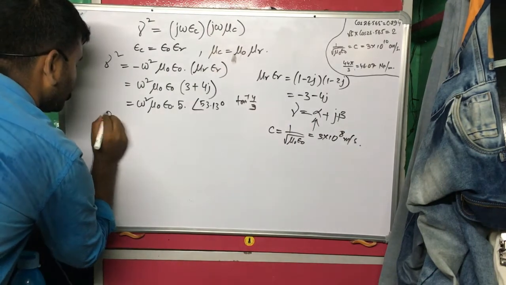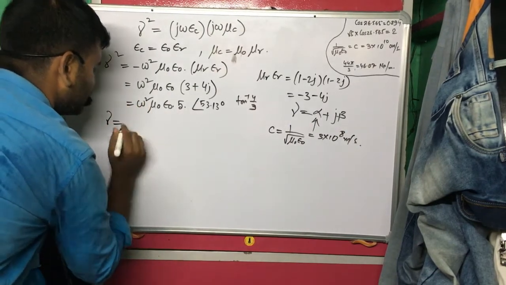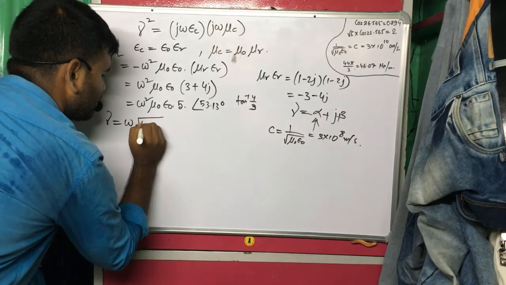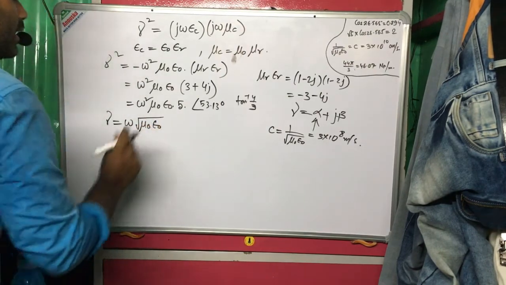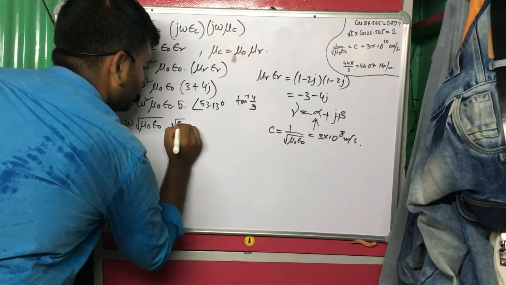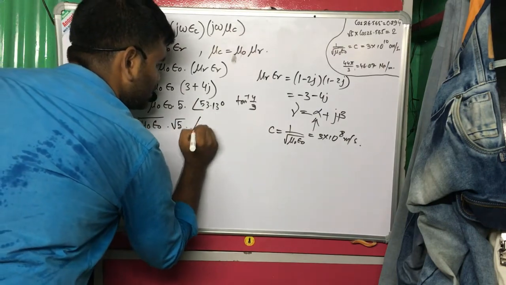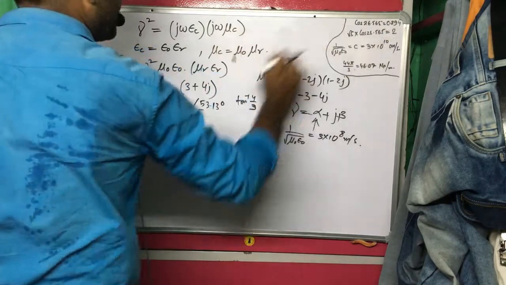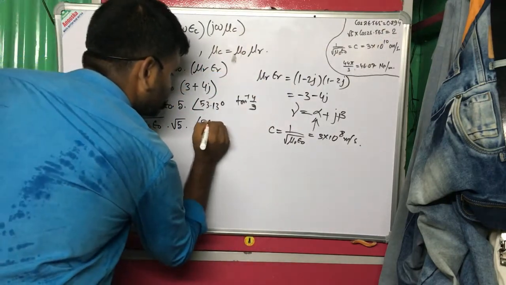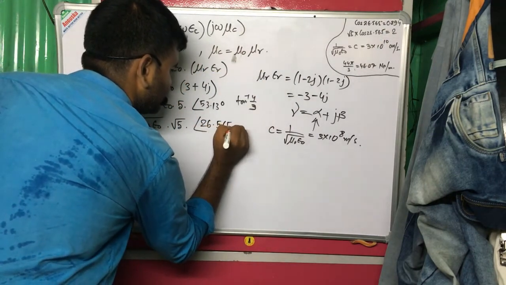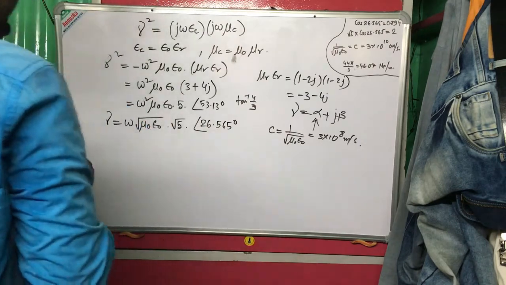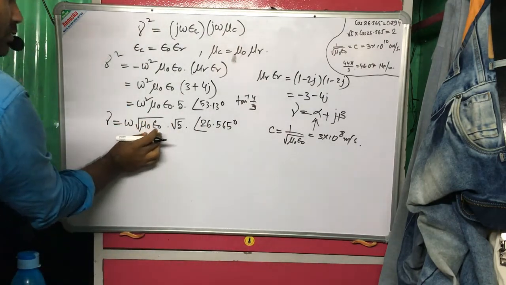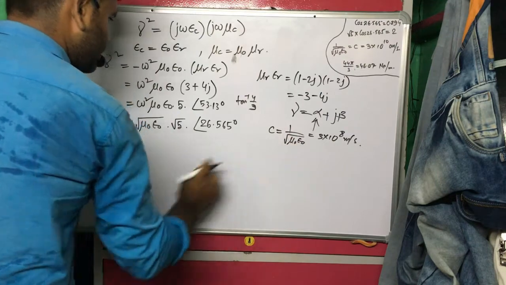Gamma is basically the square root of this quantity, that means omega root over mu naught epsilon naught, then root 5, and the angle 53.13 divided by 2, which means 26.565 degree, right?